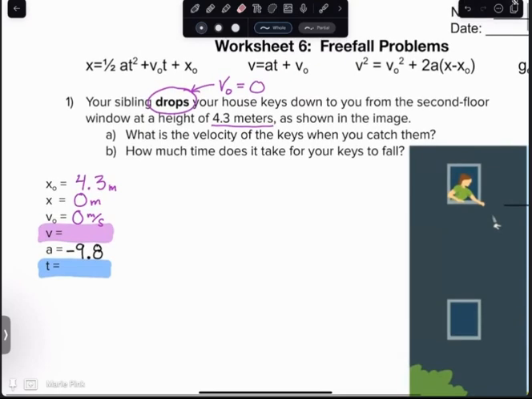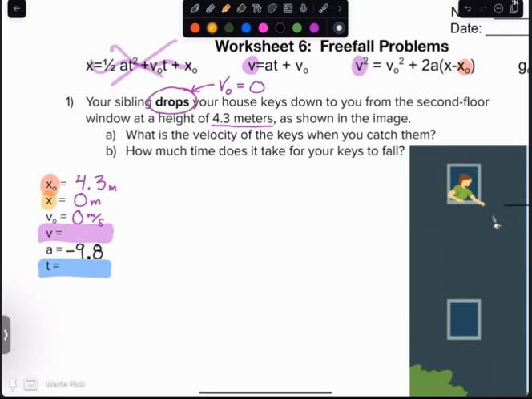So I have these three equations. I'm solving for velocity, so I need to make sure that I have velocity first. All right, well, this one doesn't have velocity, so that's not helpful. This one has ending velocity, and this one has ending velocity. Okay, then I need to figure out, so starting position, I have that.